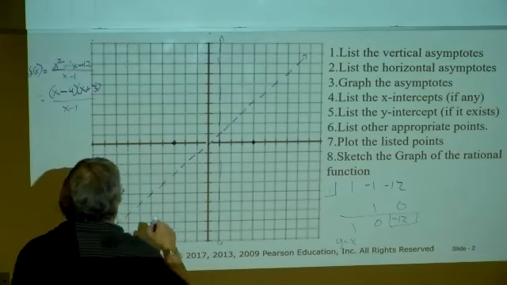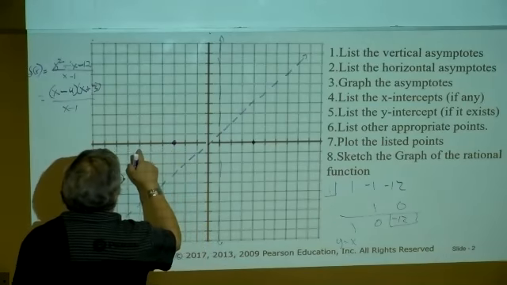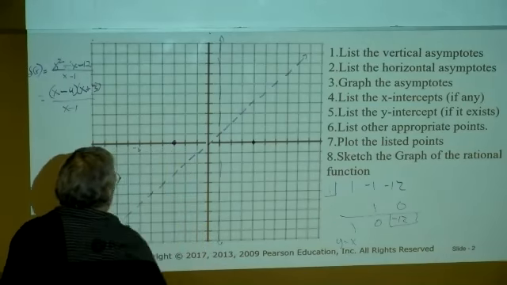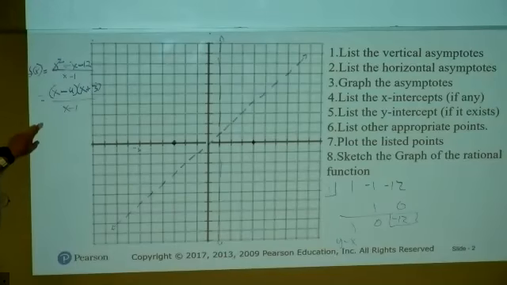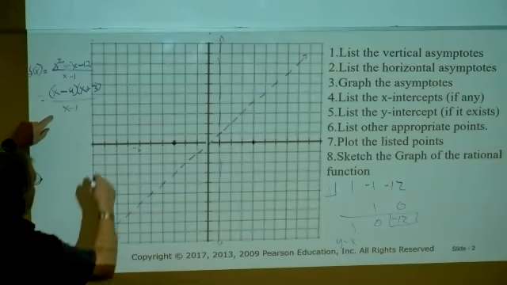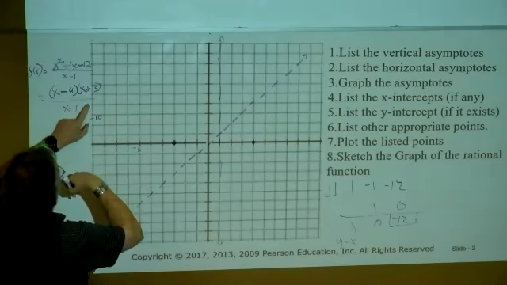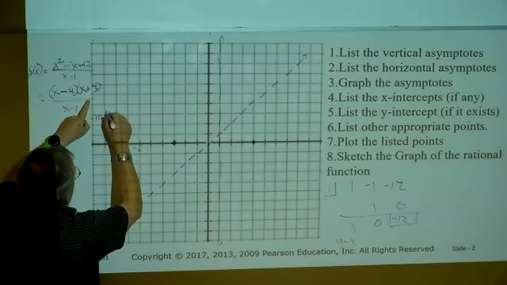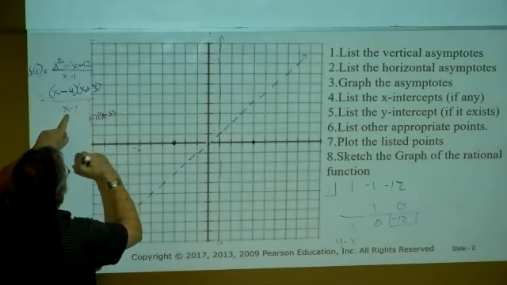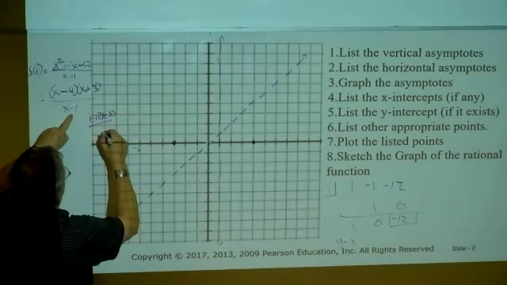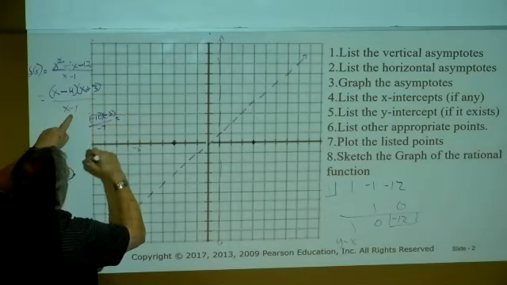So that's -3, so I'm going to come down here to -6 and see what happens at -6. -6 minus 4 is a -10. -6 plus 3 is a -3. -6 minus 1 is -7.